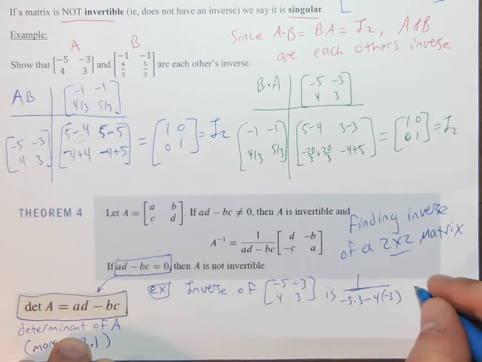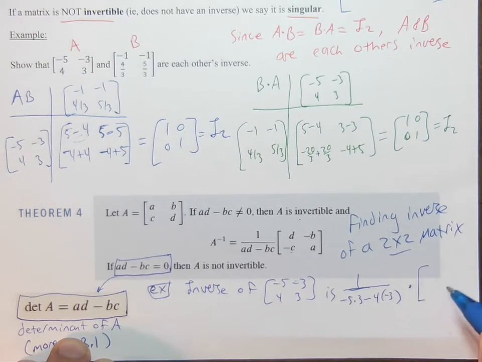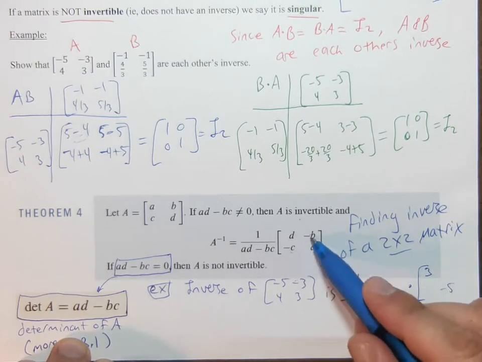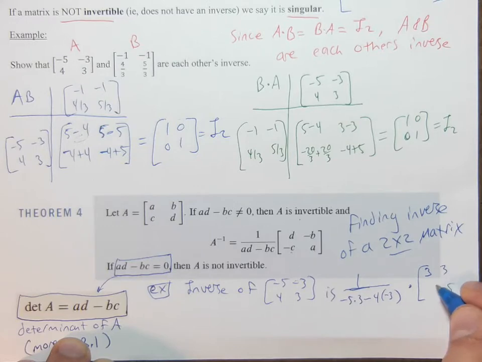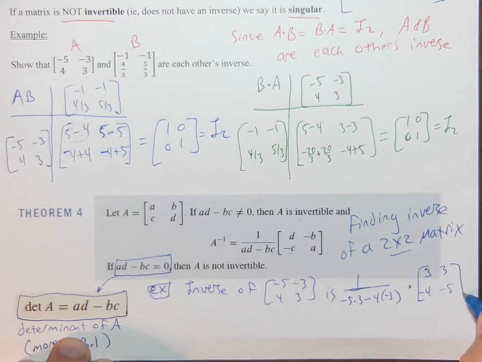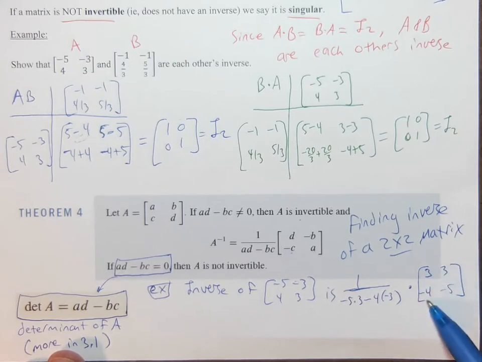And then you're multiplying that times the matrix where things sort of switch spots or get multiplied by negative 1. So the A and the D switch spots. That becomes this. And then the B and the C get multiplied by negative 1. So that becomes this. Okay? So what you're doing is you're multiplying this kind of jumbled matrix by this fraction.